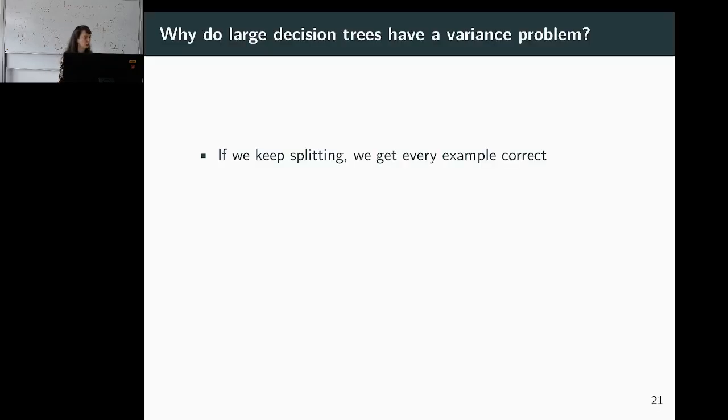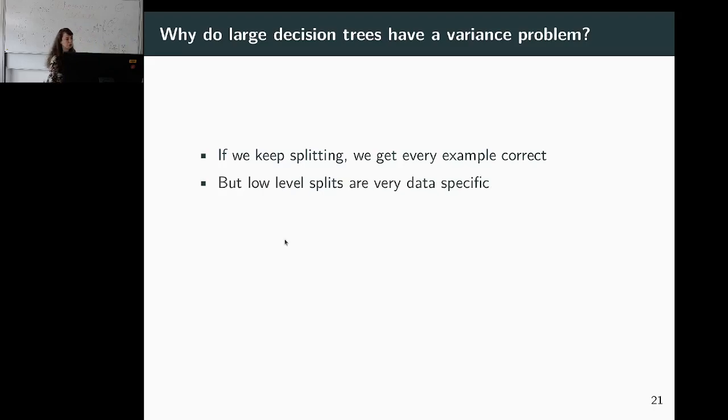What can we do? In order to understand this, we need to understand why large decision trees actually have a variance problem. If you think about it, they don't have a variance problem at the beginning, right? In the beginning, they split and make good decisions. Only in the lower levels do we get the variance problem.